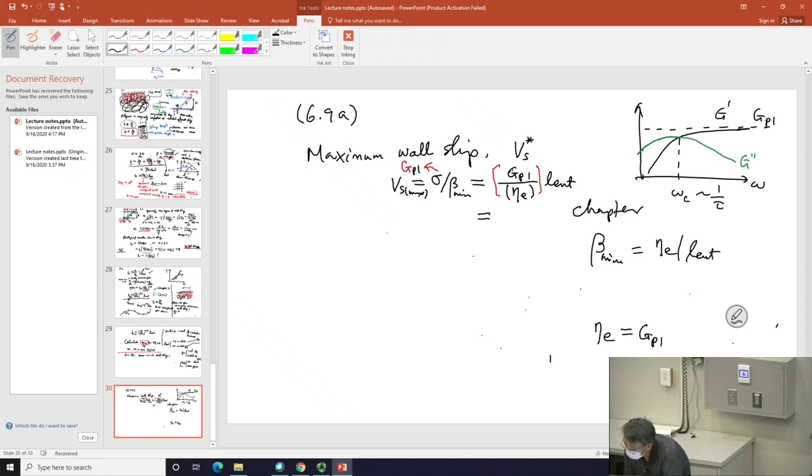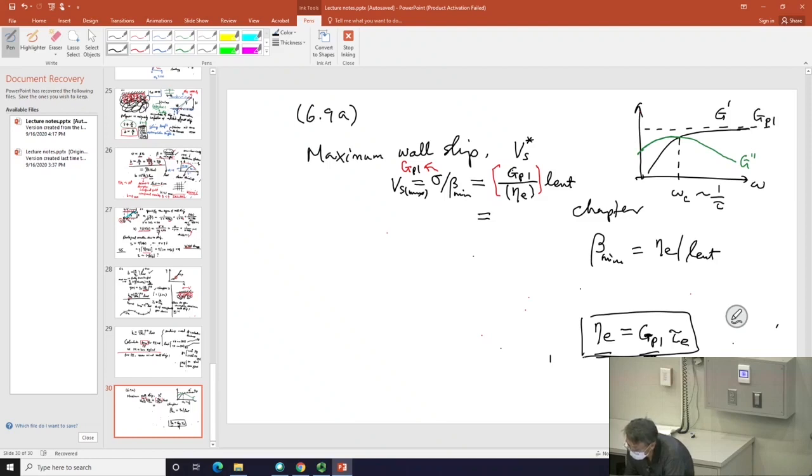obey the general form of Maxwell, that a viscosity is always going to be related to a modulus and a time scale. It turns out this time scale is tau E. Tau E is related to eta E through this shear plateau modulus.